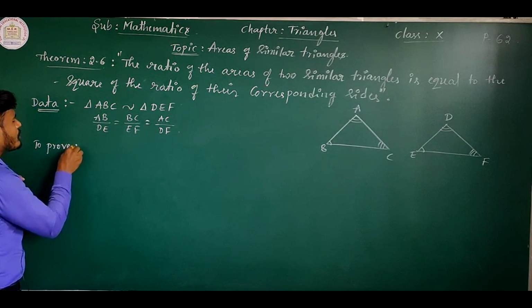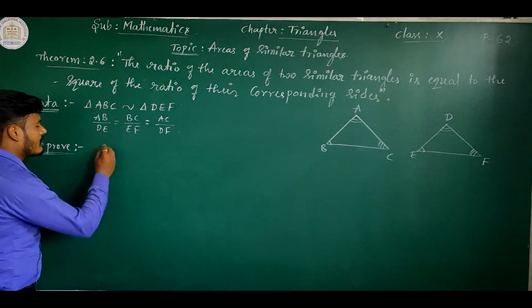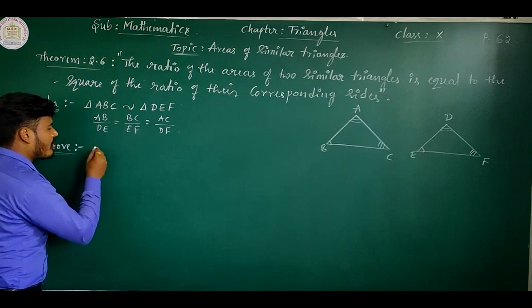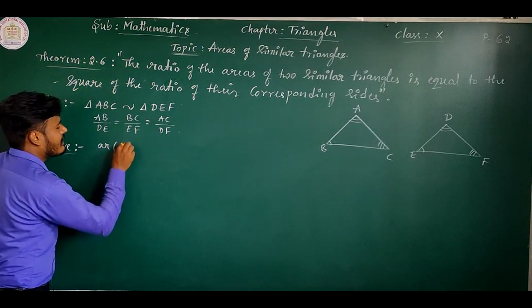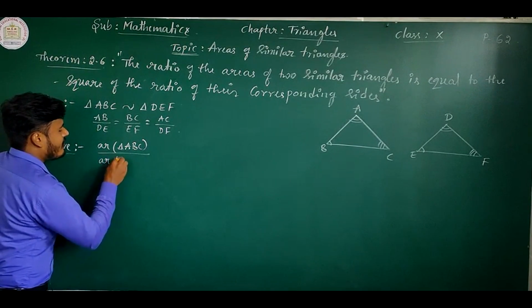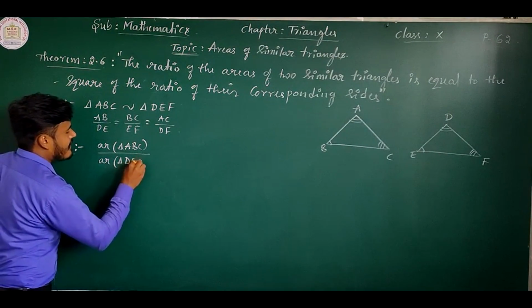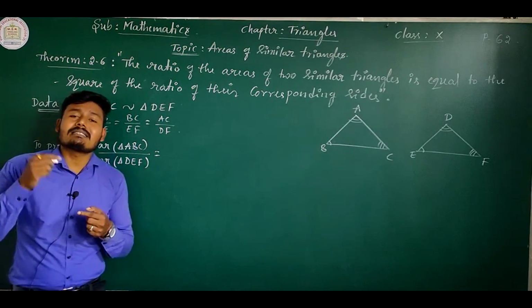What we are going to prove here, I already told you, the proof of this theorem. So that proof is area of triangle ABC divided by area of triangle DEF. This is equal to the square of their corresponding sides.